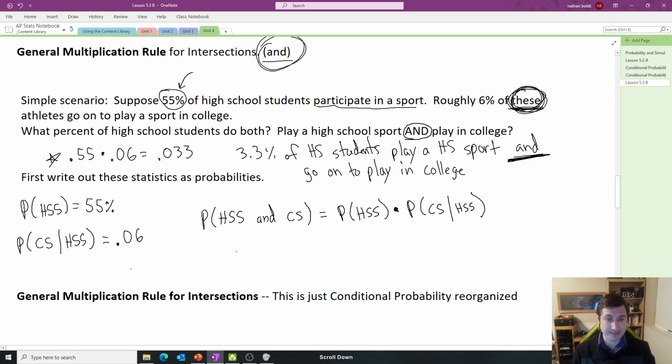Now let's generalize that, get rid of the high school and the college and just use A's and B's.